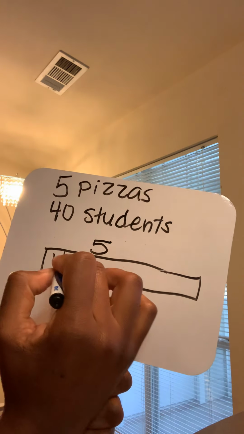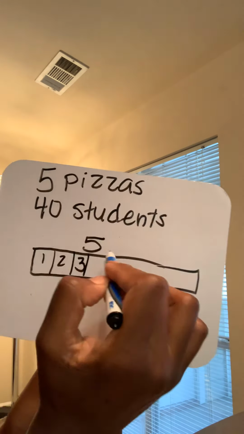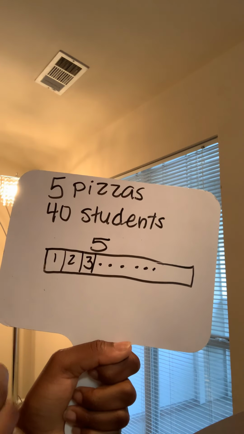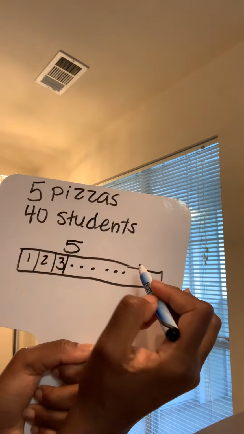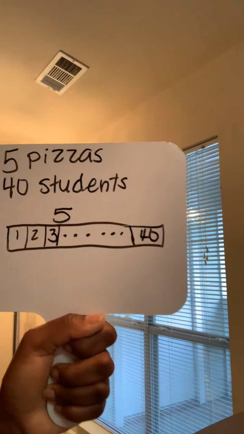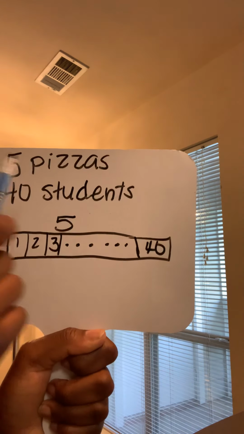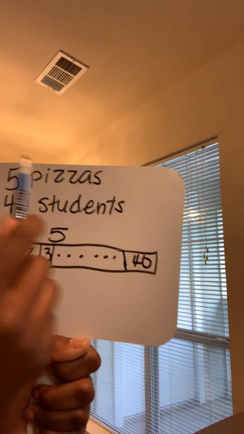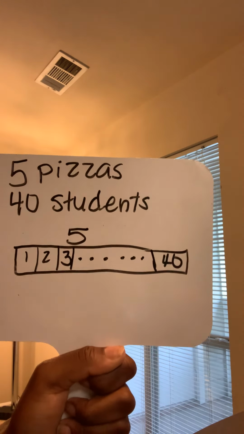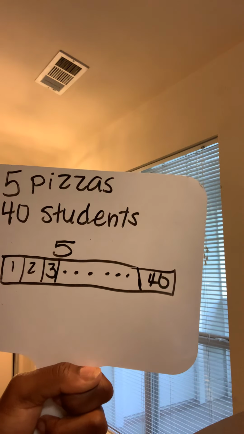So instead of us drawing 40 lines, I'm just going to use these dots to represent all of the numbers that are in between, and then I'll write the last couple of numbers. All right. So instead of you taking the time out to draw all 40 lines, go ahead and utilize these dots, which are going to represent the numbers that are in between 1 and 40.